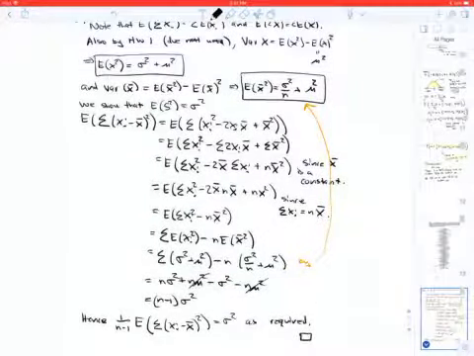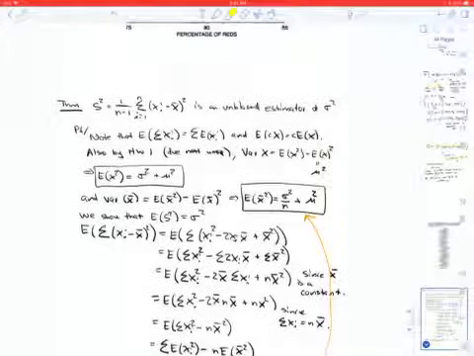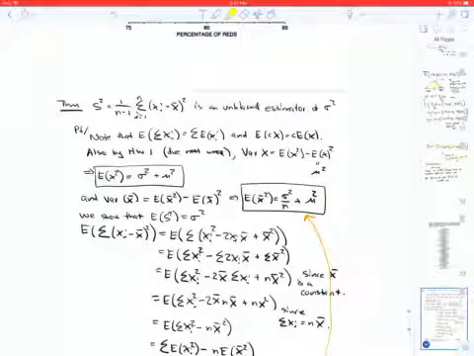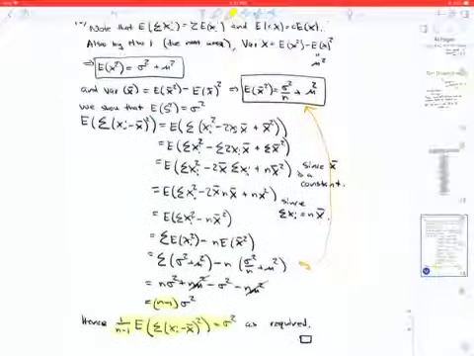I don't really have much to say here, just follow all the steps and you'll see, kind of surprisingly, that there's an n-1 here, which is why we put an n-1 in the denominator of the sample variance, because we want the expectation of s squared to be sigma squared. And so this is an important result. And that was the first day.